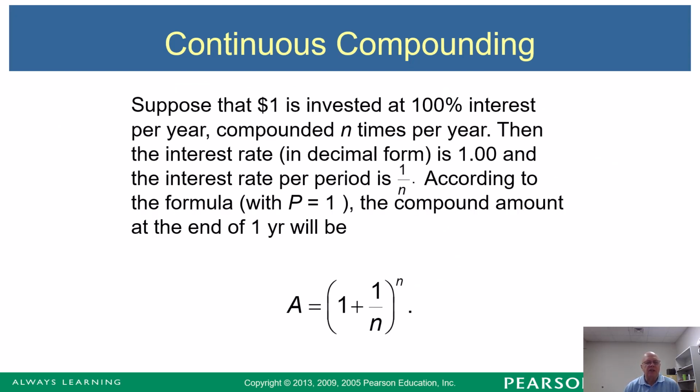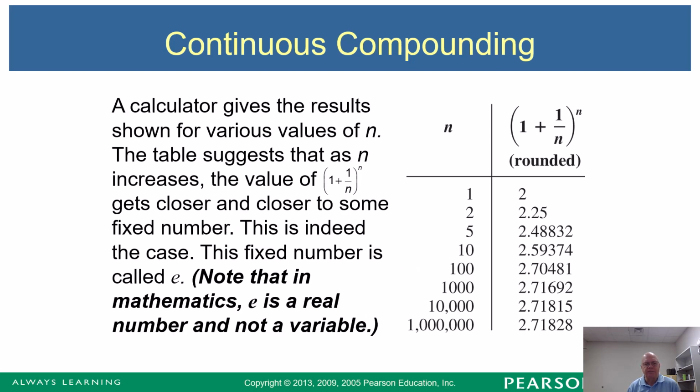Now, if we take this formula for annual interest and make this n larger and larger and larger, what we'll find out is that the amount we get at first is bigger and bigger, and that makes us happy.